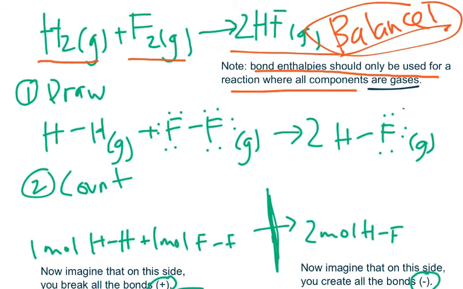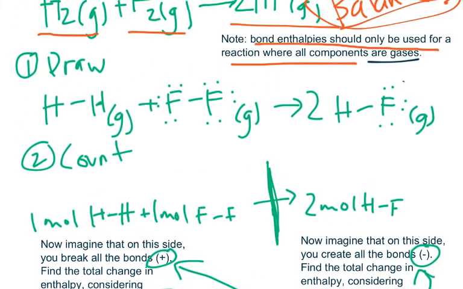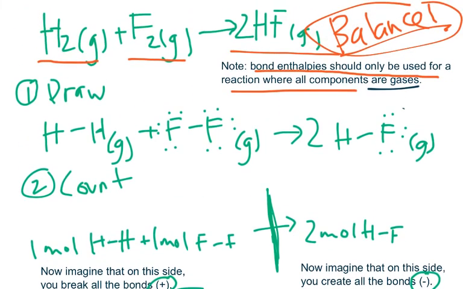Now, the first step to doing problems like this is drawing. So we have to draw out each of these chemicals, and they all are quite easy to draw, and I drew them for you. So now let's count the number of bonds. In one molecule of H2 gas, there's one HH single bond. So in 1 mole of H2 gas, there's 1 mole of HH single bonds.